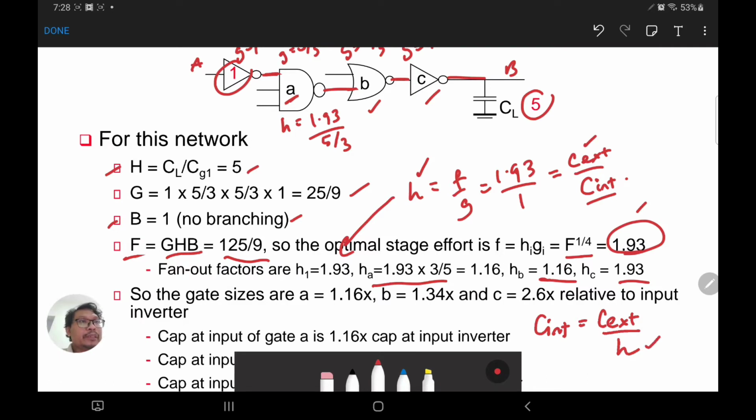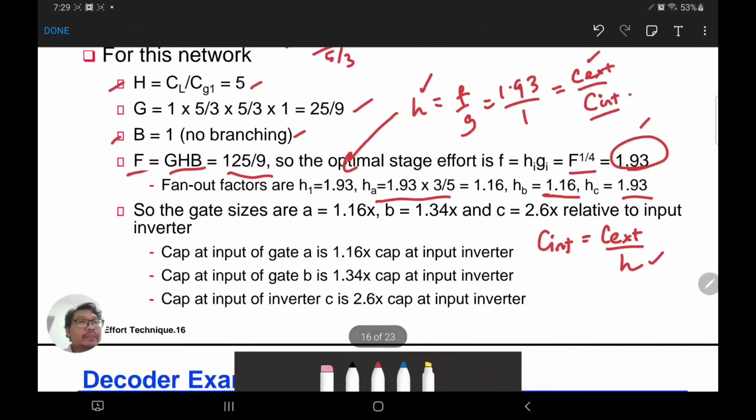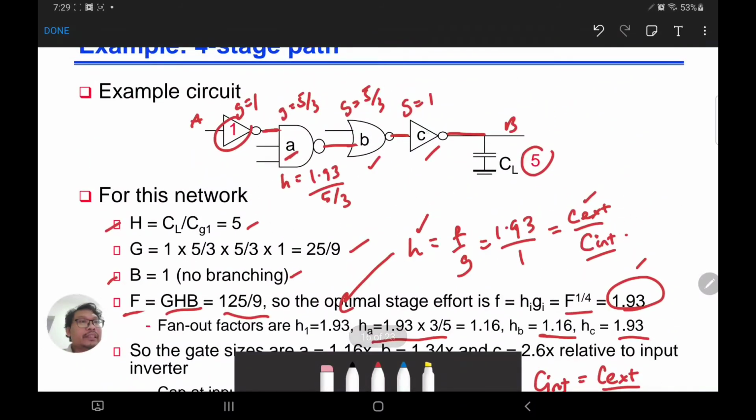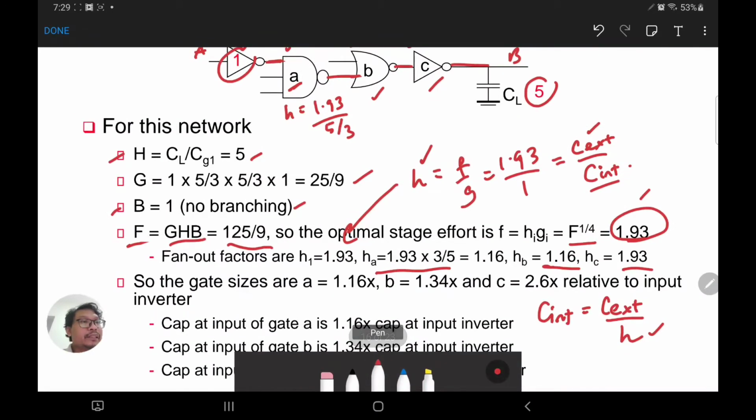So we work backwards. What is the size for C? C int for C is equal to CL over H, equals 5 over the H for C, which is 1.93.